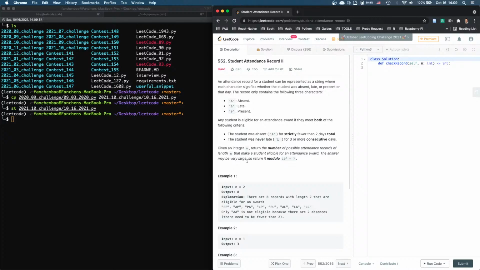Given an integer n, return the number of possible attendance records of length n that make a student eligible for an attendance award. The answer may be very large, so return it modulo this.